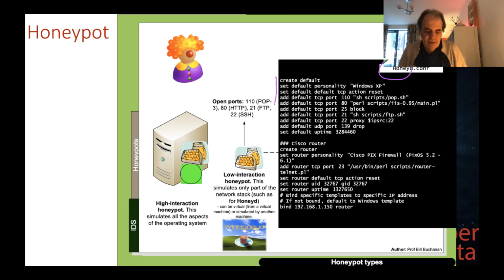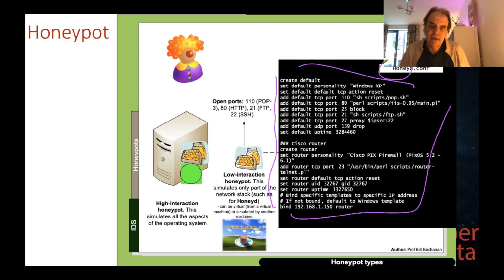And with HoneyD, we can actually create a script which will create what's called a lightweight honeypot. So it will look as if it is a certain service that's on the network. Or we could create a high interaction honeypot, which is a virtual image or a real live server that the intruder can interact with.